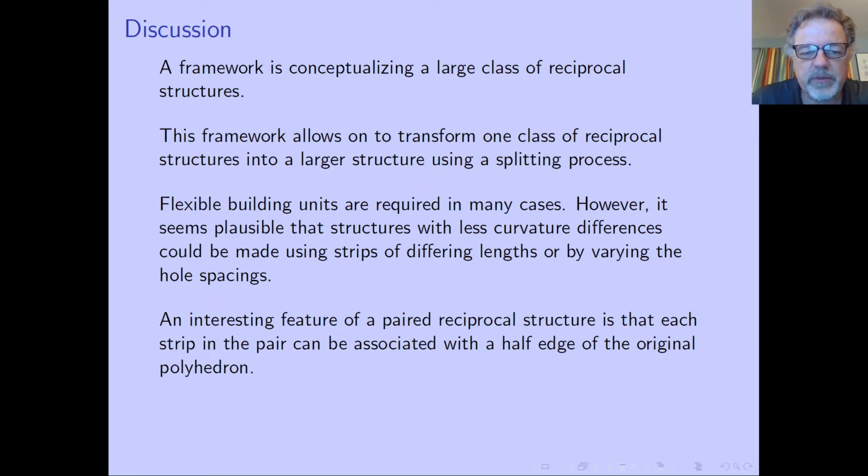However, it seems reasonable that if we're interested in structures with less curvature, we might be able to achieve that by varying the length of individual units or changing the positions of holes in those units. An interesting feature of paired reciprocal structures is that each strip in the pair can be associated with a half edge of the original polyhedron.